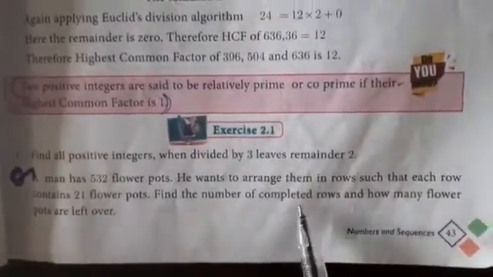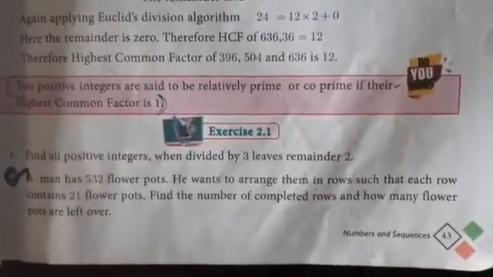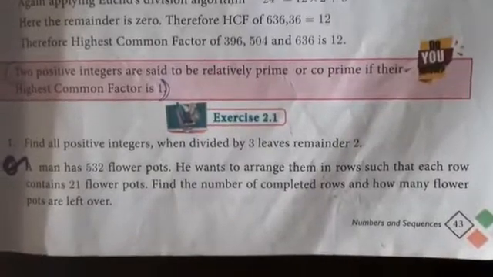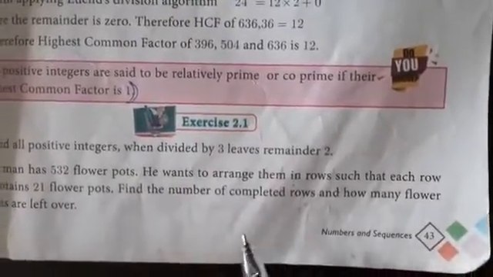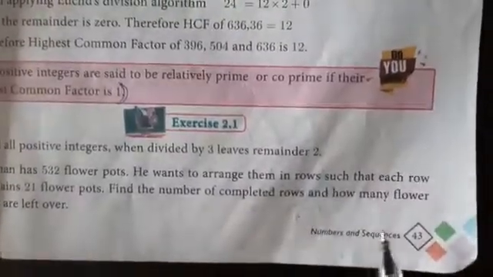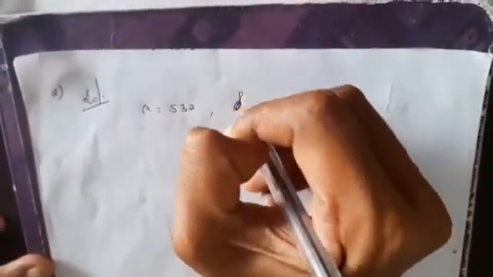Finally, we need to find the completed rows and the flower pots left over. Next, by using Euclid's division lemma.